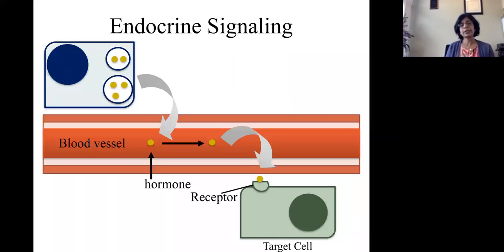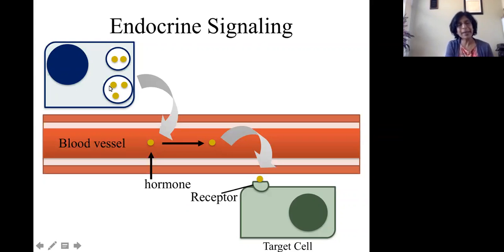Now let's get to the actual detail of hormones. This is endocrine signaling. Endocrine signaling is where we talk about endocrine gland, hormone, target cell, its transportation, a lot of things in one slide. So what you're looking at here is an example of an endocrine cell.